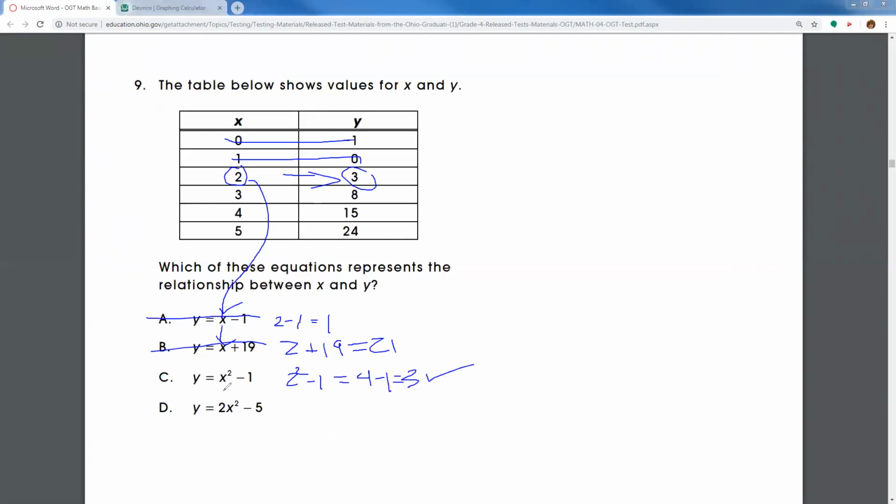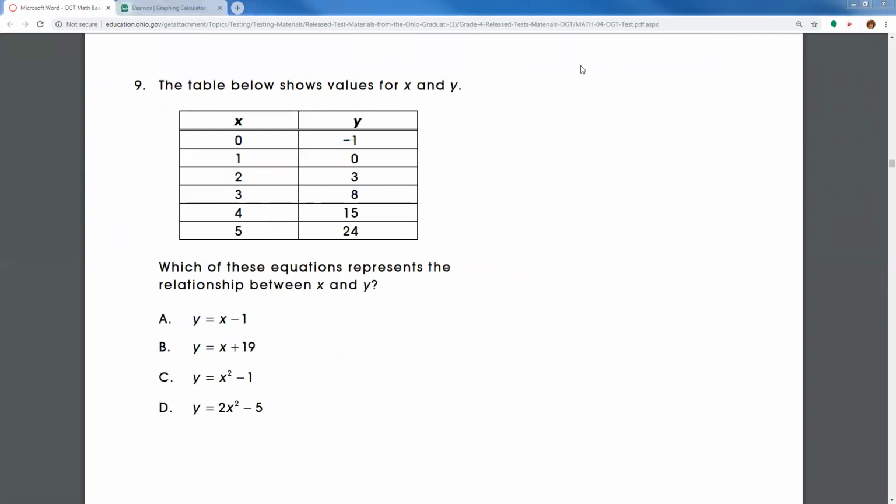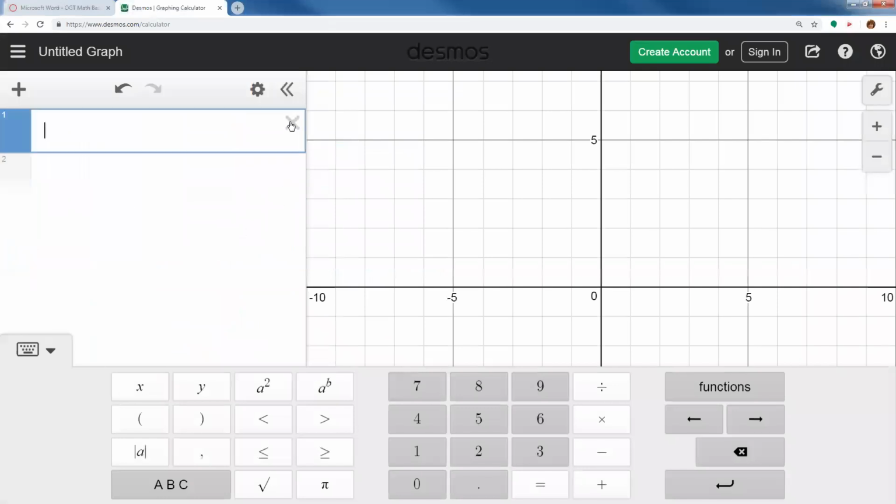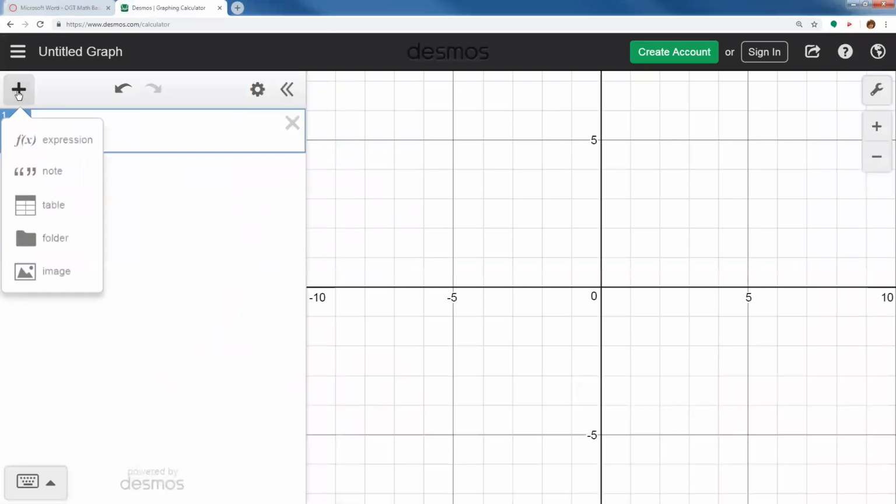Yep. So with the Desmos calculator, there is actually a second option. I'm going to clear all this writing out. On the Desmos calculator, you can add a table in.